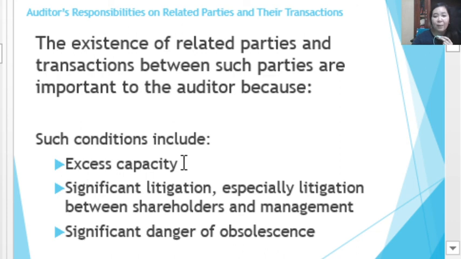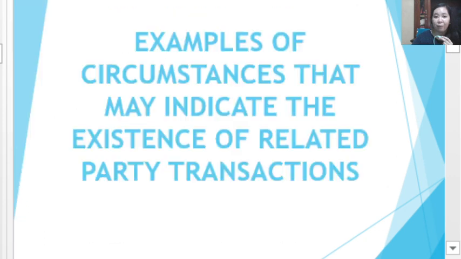So for them to survive, they might have entered into related party transactions. Another is significant litigation, especially between the shareholders and the management. Another is significant danger of obsolescence, which is also an example of losses that the entity should avoid.